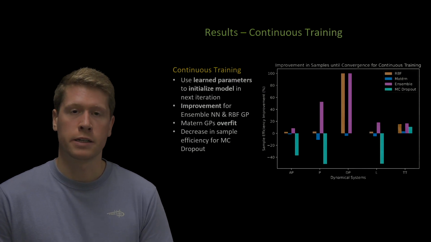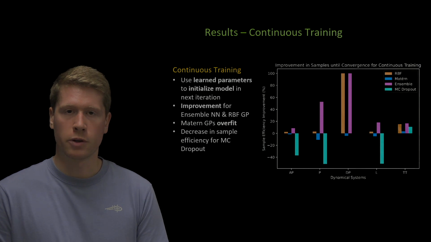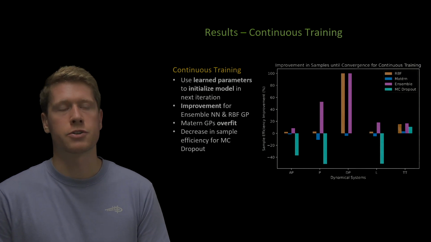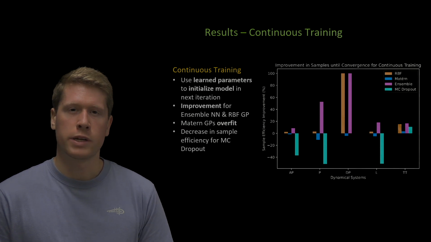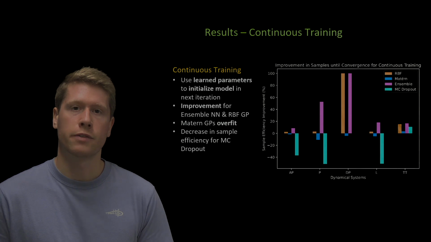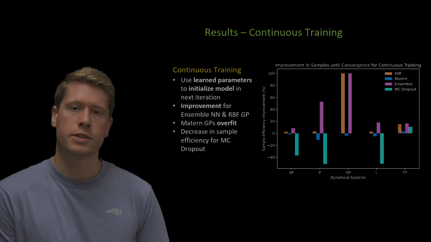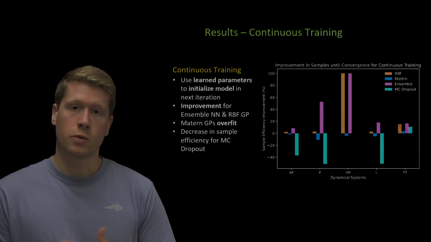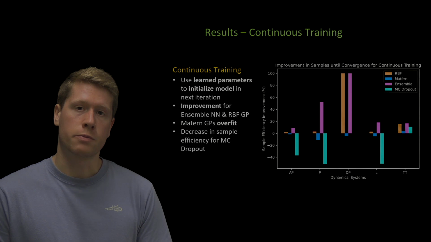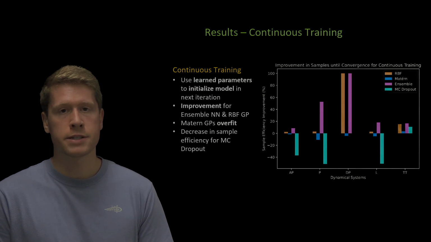One interesting training mechanism that we've looked at is what we call continuous training. In continuous training, we initialize the weights or the parameters of our models with the learned parameters of the previous active learning iteration. For our neural networks, this will be the weights and biases, and for the Gaussian processes, the learned length scales.